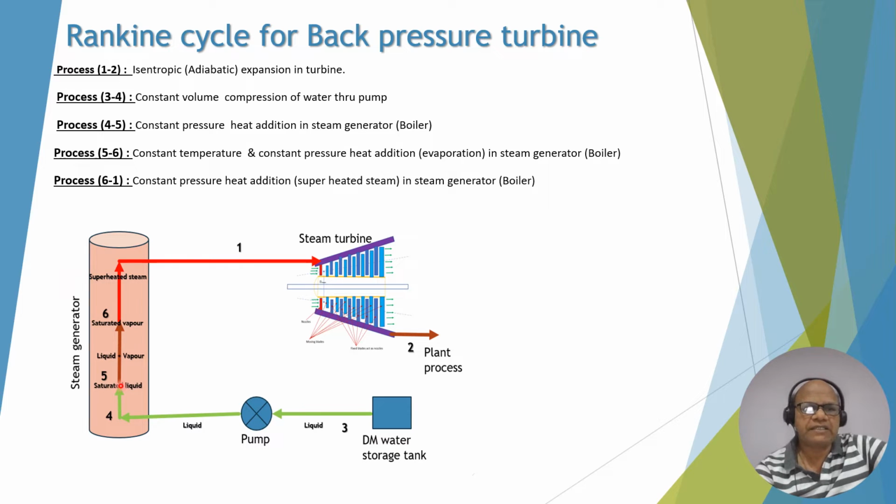Process 5 and 6 is constant temperature and constant pressure heat addition, that is the evaporation process in a steam generator. And process 6 and 1 is constant pressure heat addition, converting into superheated steam in the boiler. So these are the typical processes of the Rankine cycle for back pressure application.